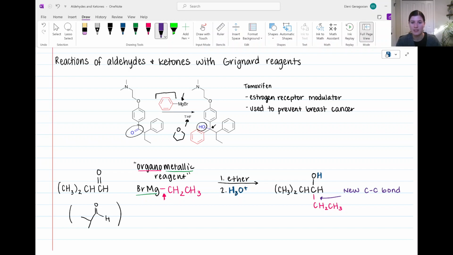So using these organometallic reagents allows chemists to create a new carbon-to-carbon bond, which is extremely useful. So that's one new part of the molecule. And then the other new part is forming this alcohol. And with forming the alcohol, creating that new carbon-to-carbon bond, the carbonyl carbon is reduced, just like our reducing reagents.